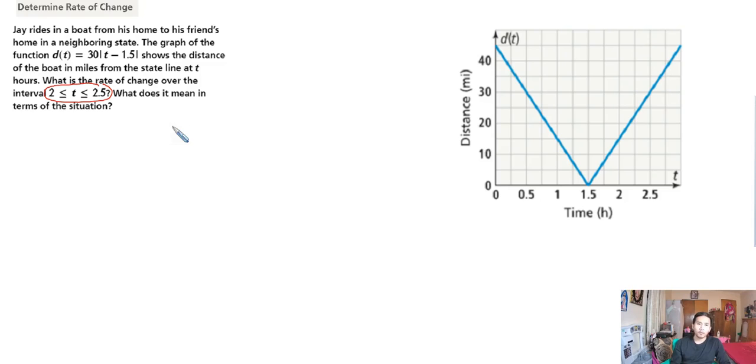If you look into that, we can now mark the interval.